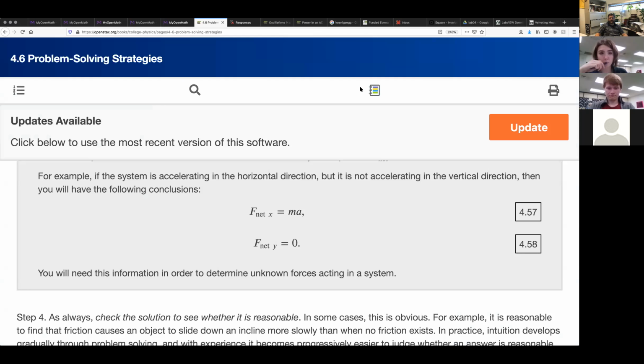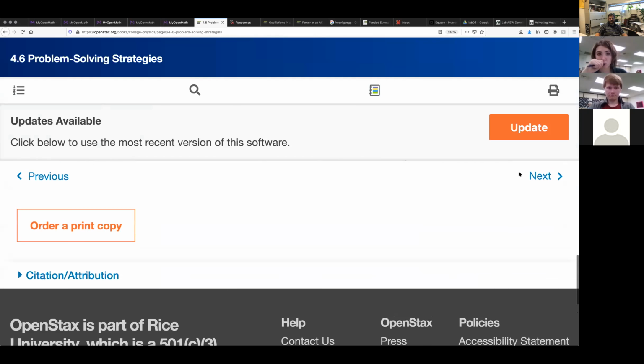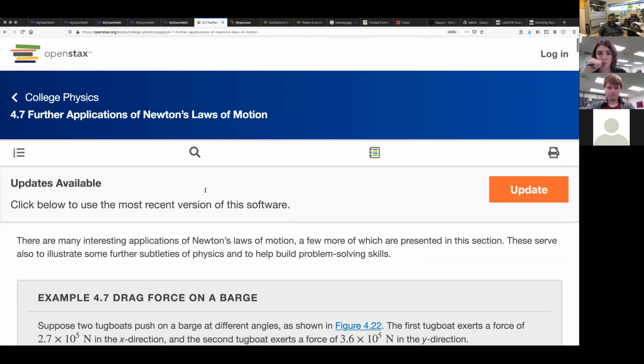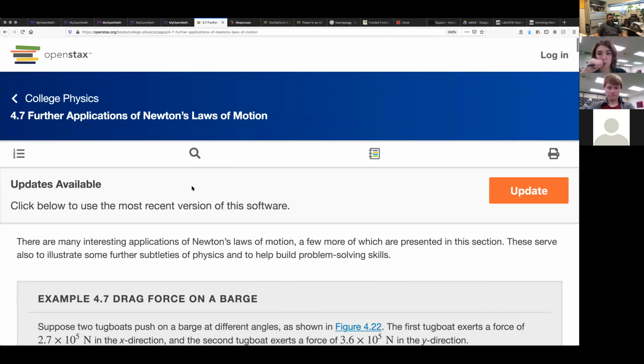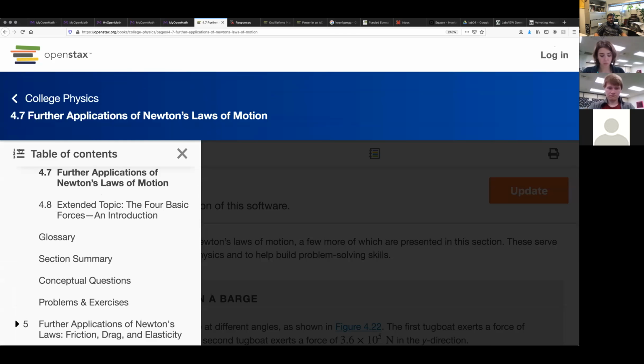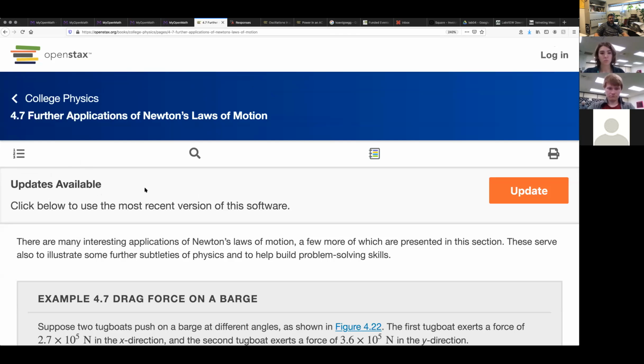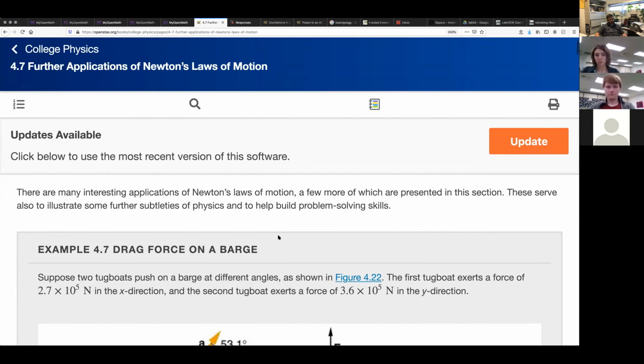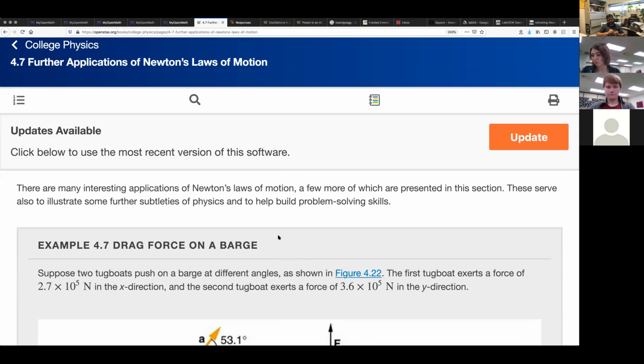All right, so then we're going to go into the second to last section, further applications. Other types of forces that we can deal with in Newton's laws would include things like drag.